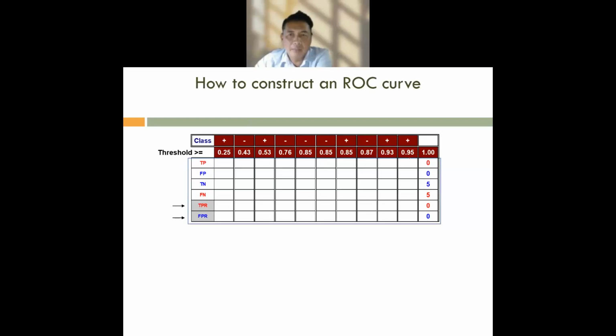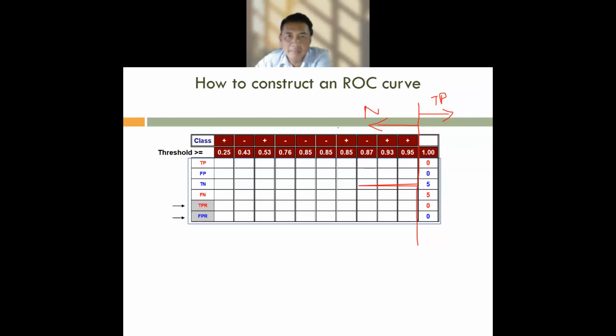Okay, this is your initial setting. So we need to compute what is the true positive. Basically here we draw a line. Whatever you have here will be your positive, and whatever you have here will be your negative.